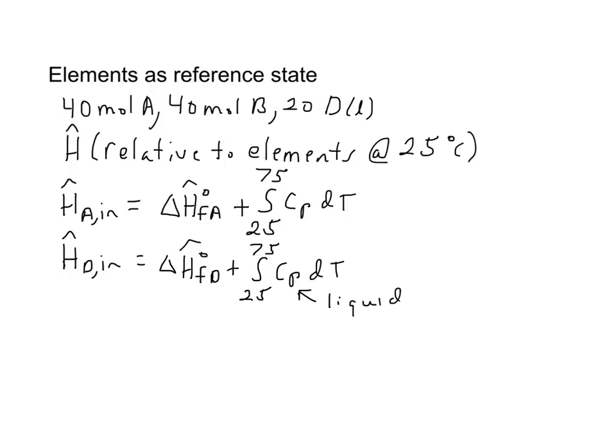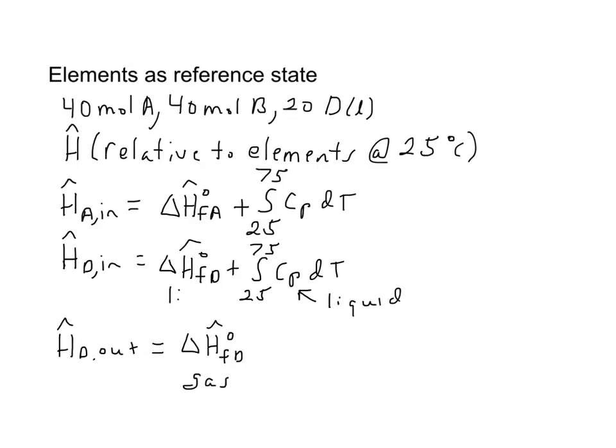For the outlet material, they're all gases, and so they all have a similar calculation. So for instance, H water out is equal to the heat of formation of gaseous or vapor water.